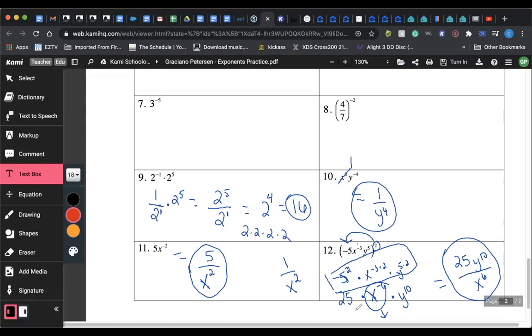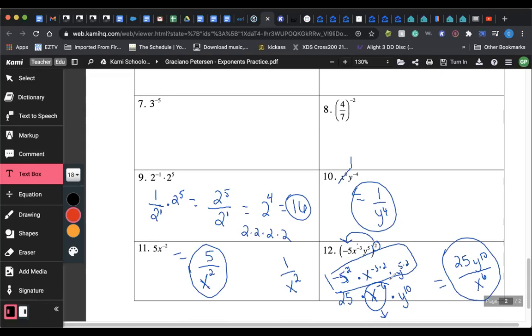So it's -5 to the 2nd power times x to the -3 times 2, which is -6, times y to the 5th times 2. Good. Then I'll simplify each part and you'll see how we got the answer. We're going to have 25, and we have x to the -6 because -3 times 2 is -6.